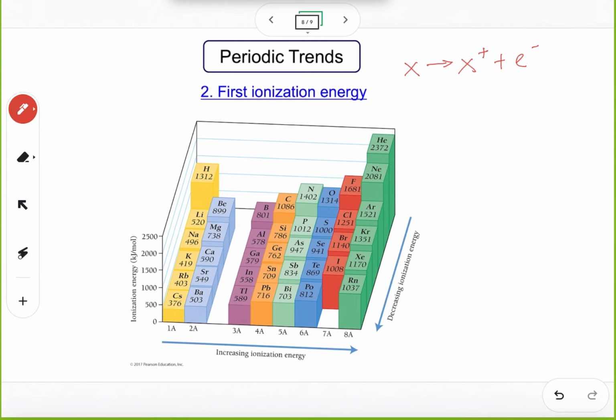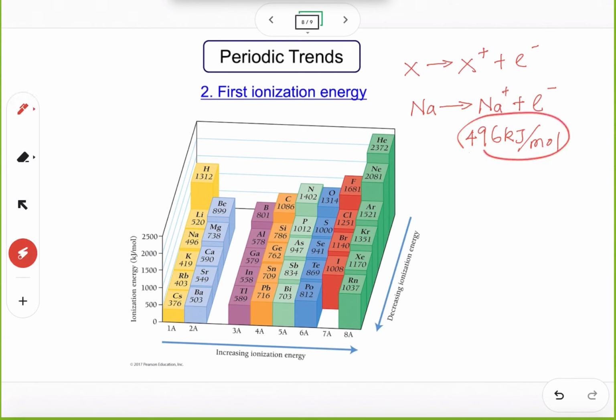For instance, the first ionization energy of sodium is 496 kilojoule per mole. So that means for sodium, in order to remove one electron from sodium to generate sodium plus, you have to pay 496 kilojoule per mole. This much of the energy.